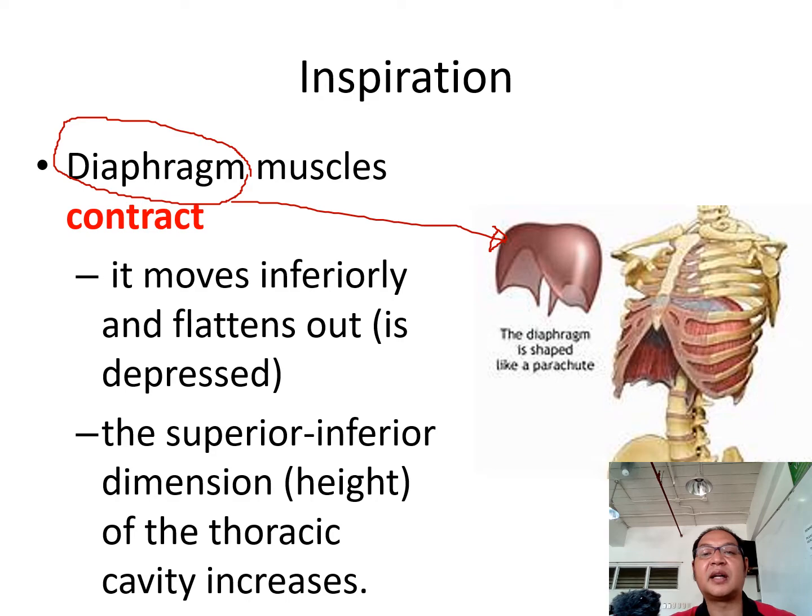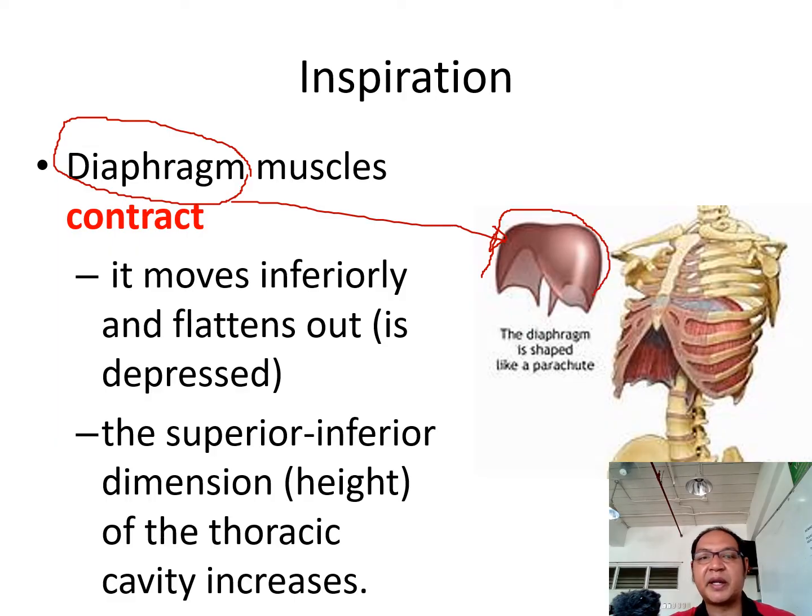Actually, there are two major muscles for breathing. We have the diaphragm and the intercostal muscle. There are muscles here that are connected to our ribs. And take note of the shape of the diaphragm. It's a dome shape.